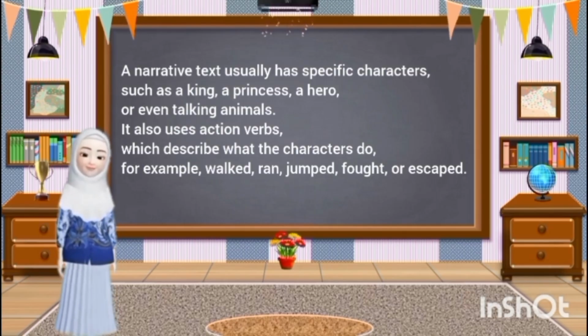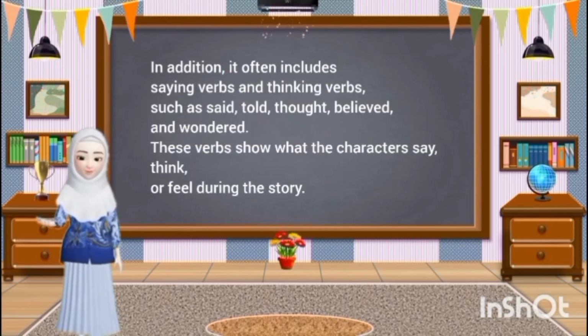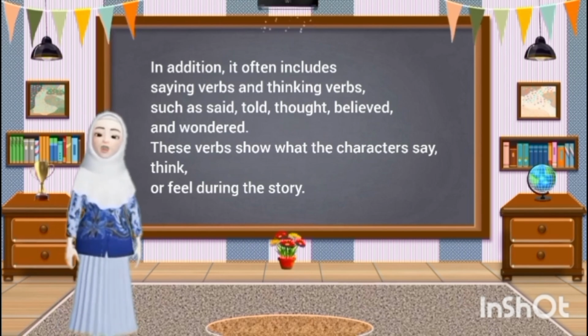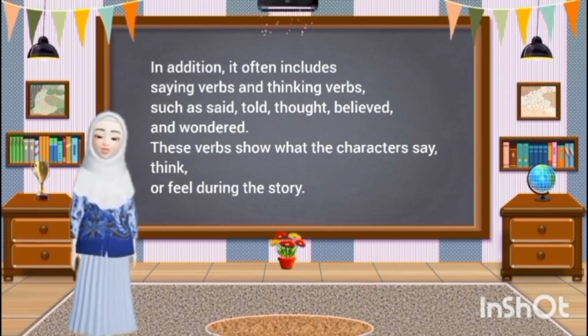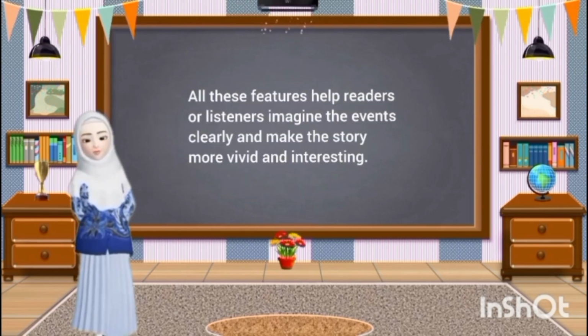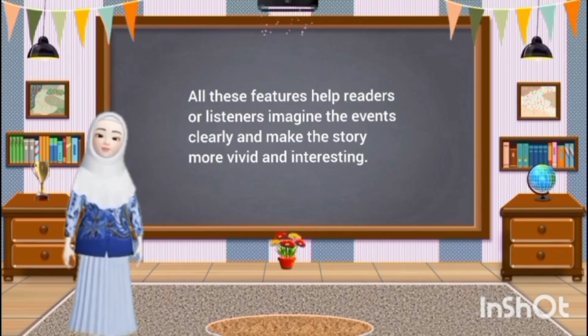For example, walk, run, jump, poke, and escape. In addition, it often includes saying verbs and thinking verbs such as said, told, tried, believed, and wondered. These verbs show what the characters say, think, or feel during the story. All these features help readers or listeners imagine the event clearly and make the story more vivid and interesting.